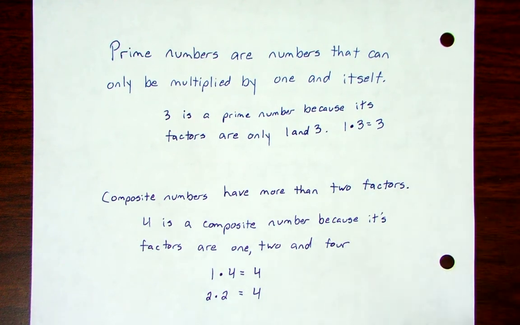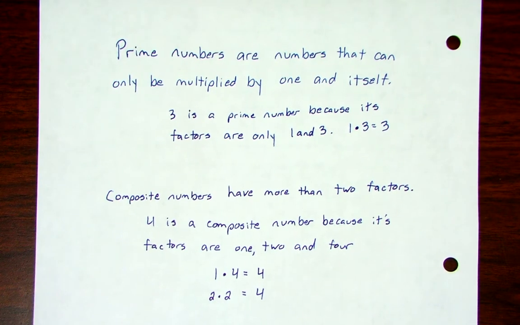It's its only factors. Now, composite numbers have more than 2 factors. For example, 4 is a composite number because its factors are 1, 2, and 4. 1 times 4 gave me 4, and 2 times 2 also gave me 4. So those are composite numbers.